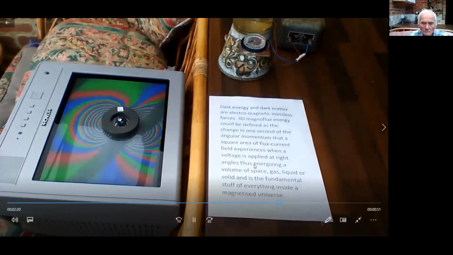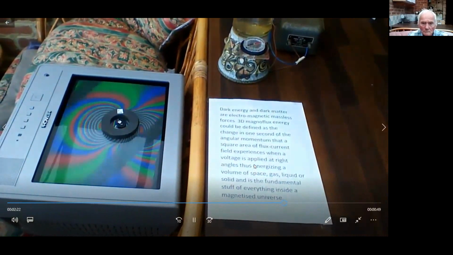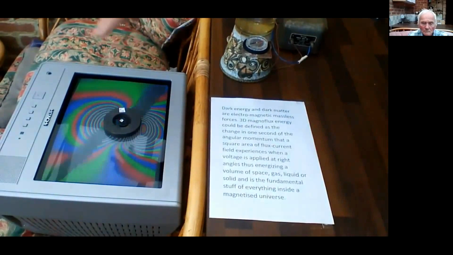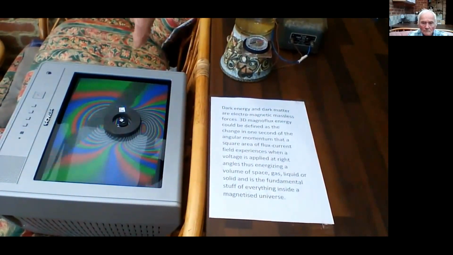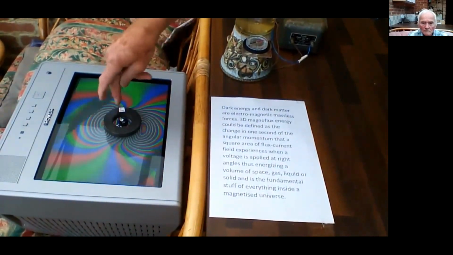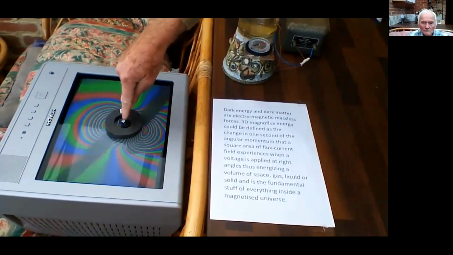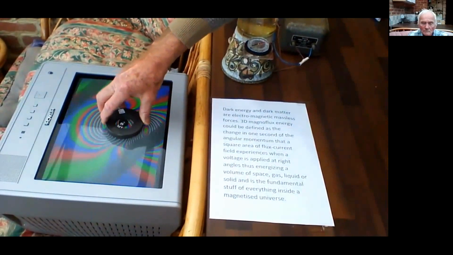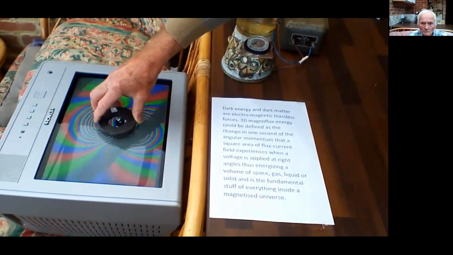Now, this is very significant on the macro scale, because if this major magnetic field here in an electrified space were, say, a galaxy, and this inside was a star, then when I move this around, you can see that the star spins.